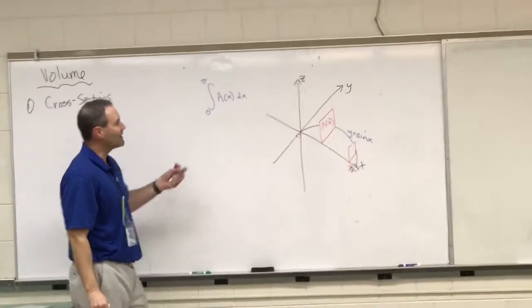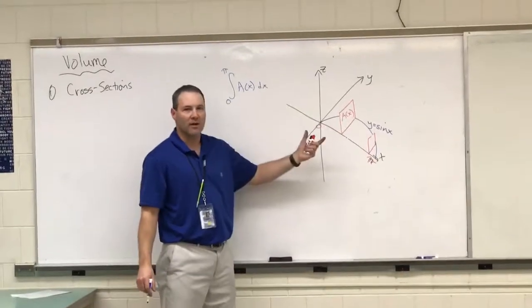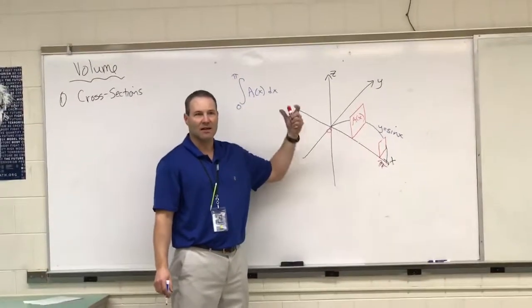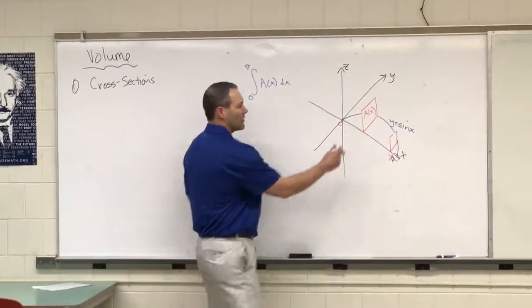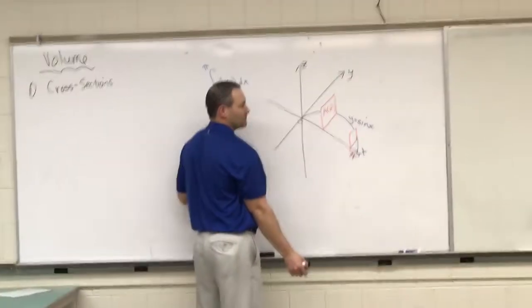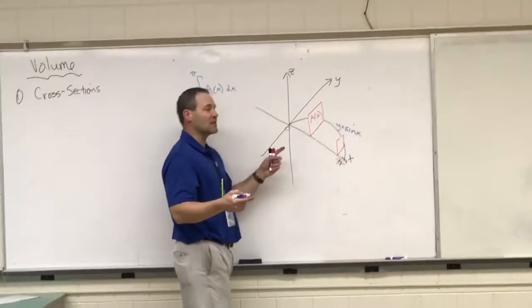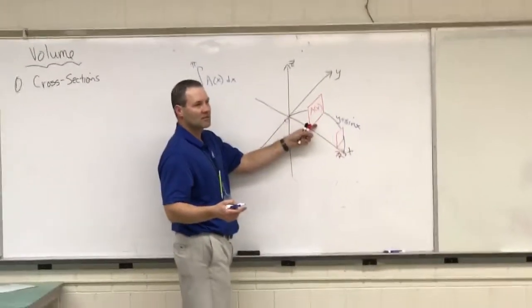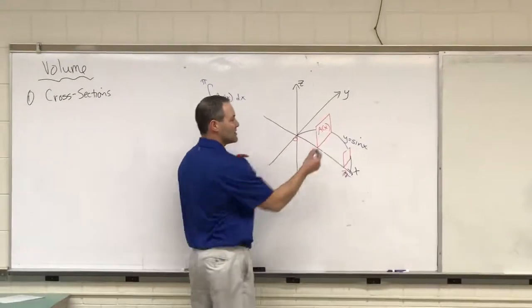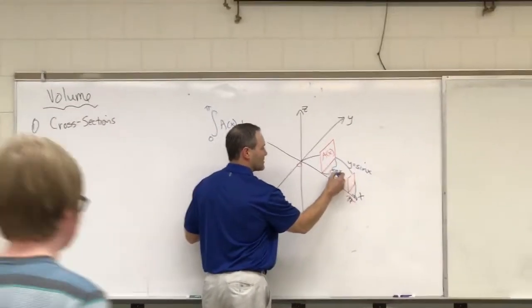So how do I write A of x in terms of x? Well, we know it's a square, so it's just base times itself, so base squared. How can I represent this distance? It is y, which is in terms of x, in this case, sine x. This distance right there is sine x.